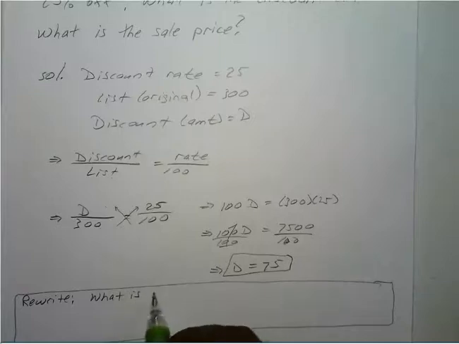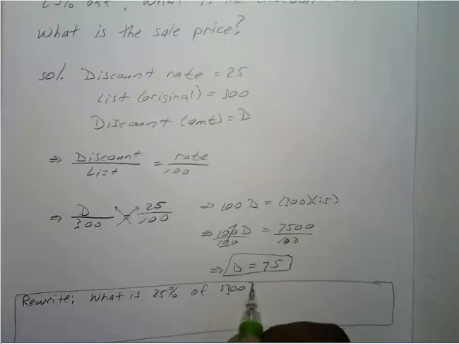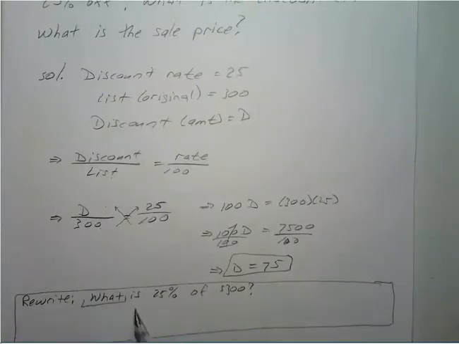What is 25% of $300? What number, you can make that n or x or whatever, is equal to 25%. Remember, when you're using the equation method, you have to change that to a decimal.